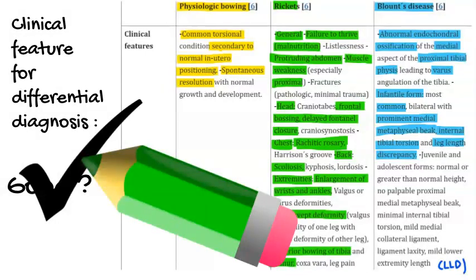Adolescent form: normal or greater than normal height, no palpable proximal medial metaphyseal beak, minimal internal tibial torsion, mild medial collateral ligament laxity, and mild limb length discrepancy.